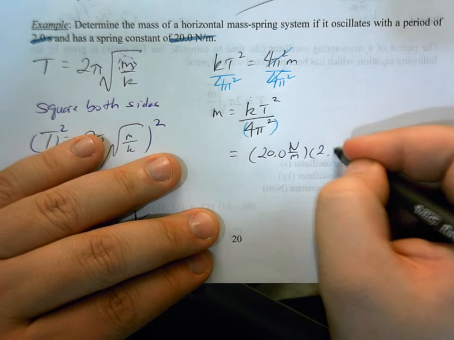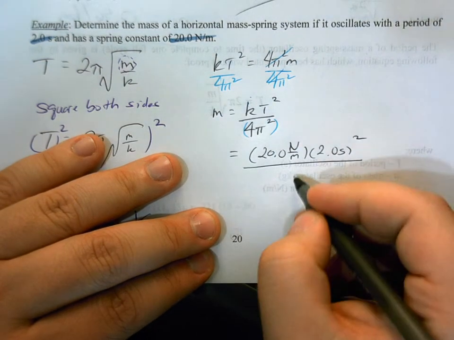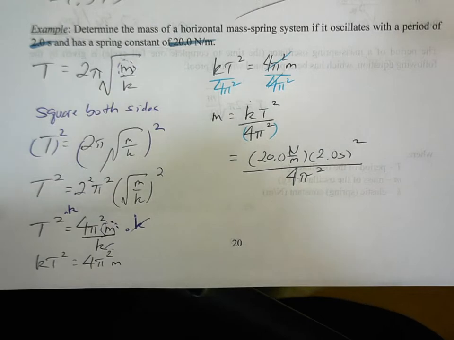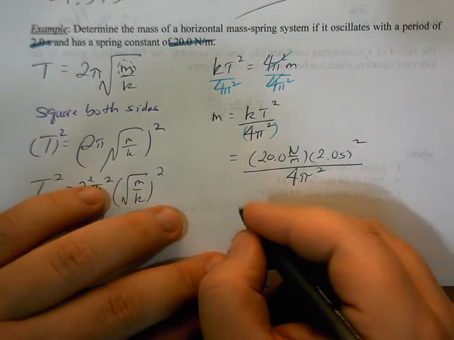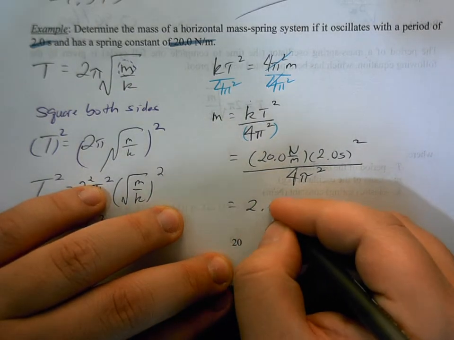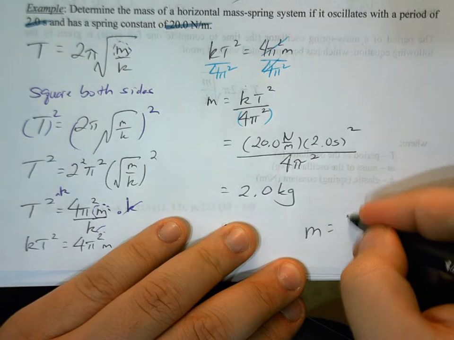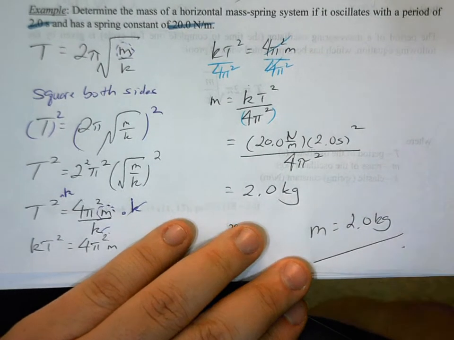We have a period of 2 seconds squared. We're going to divide that by 4 pi squared. So we get 20 times 4 divided by 4 pi squared. So we're going to get about 2.0 kilograms. So this oscillator is going to have a mass of 2 kilograms.